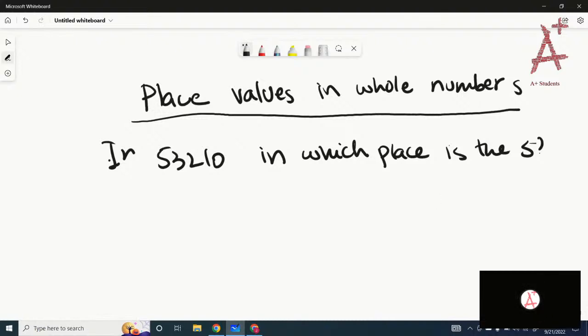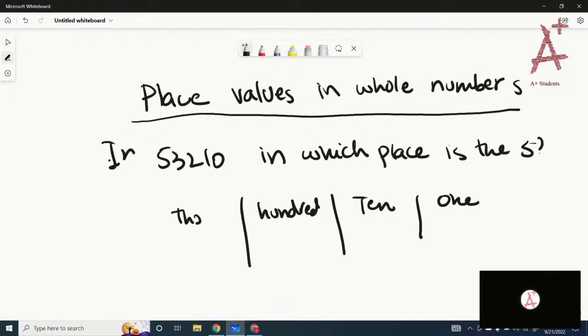We have 1, then 10, then 100, then 1,000, and then 10,000.